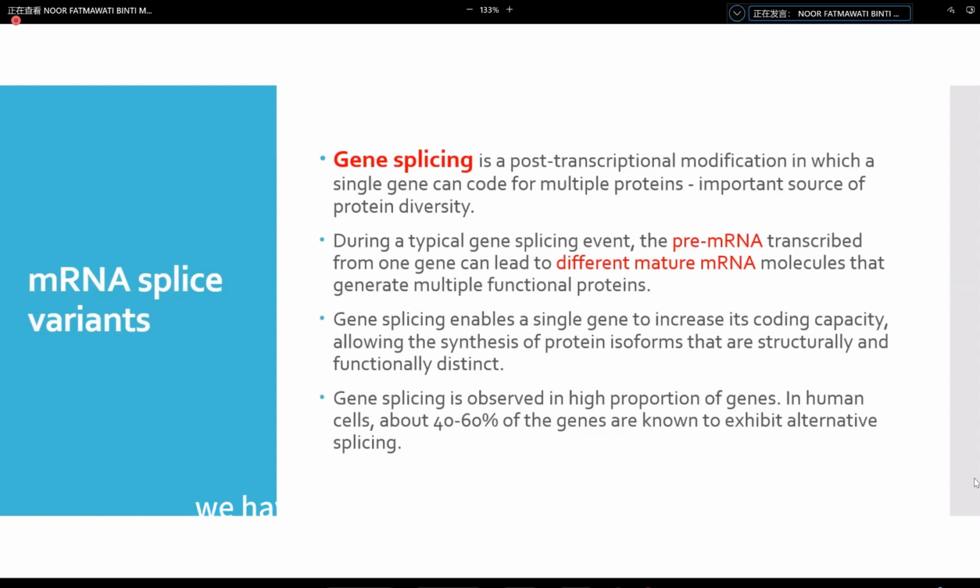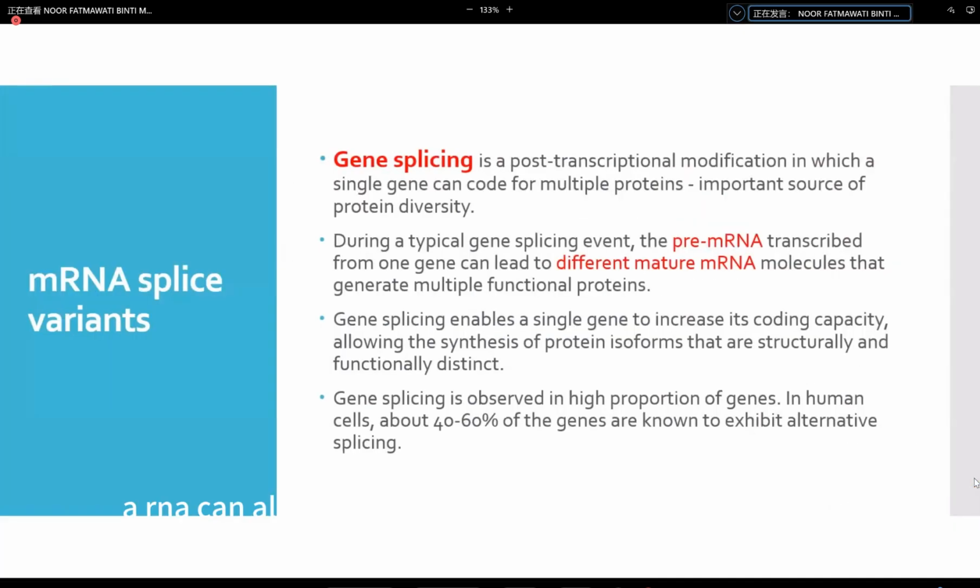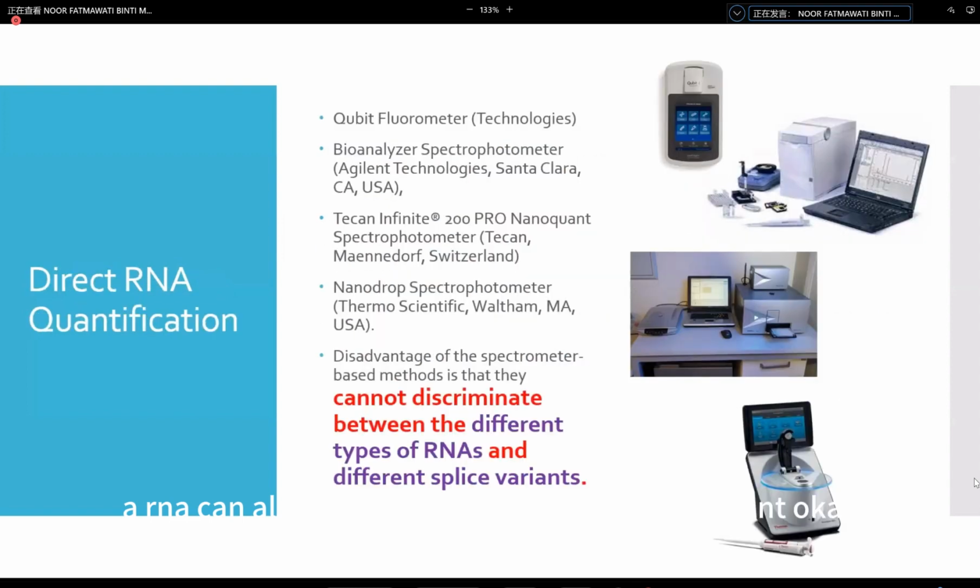So yeah, we have all these types of RNA, but bear in mind, mRNA can also be in several types of splice variant. Because of these differences in the types of mRNA, this is actually another obstacle for RNA to become a good biomarker for detection of disease, because we are talking about diagnostics here.